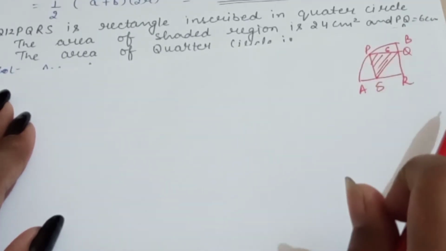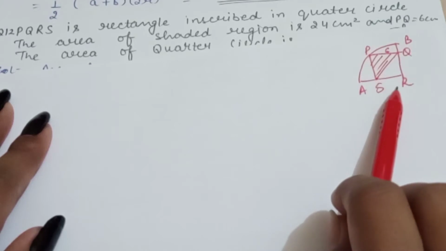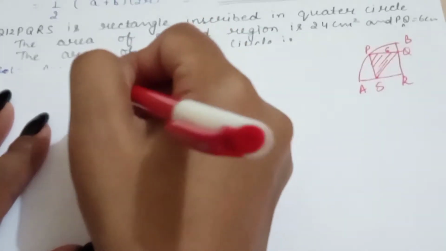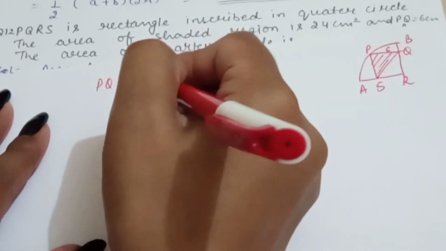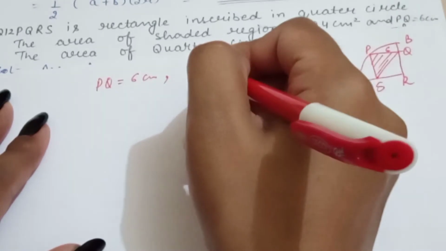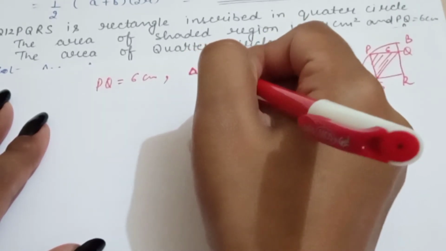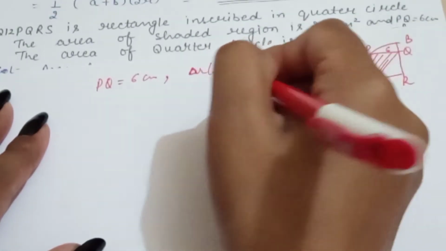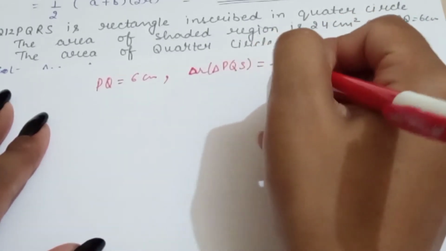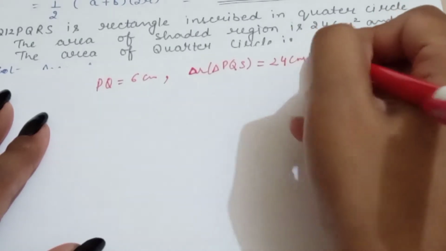In order to find this area, we have to find the radius. Okay, let us see what are the given parameters. PQ equals 6 centimeter and area of triangle PQS is equal to 24 centimeter square.